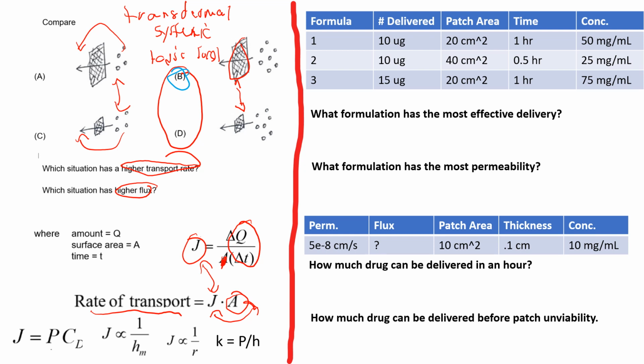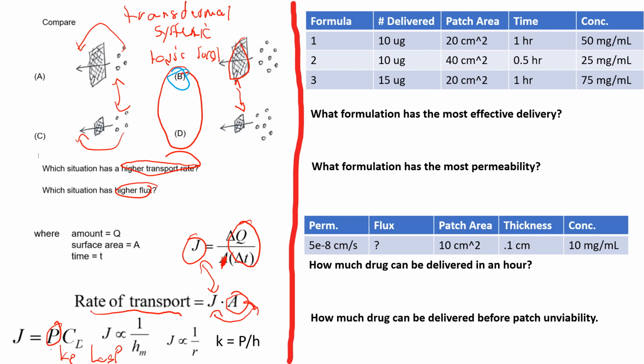Some other equations and numbers to talk about is P. P is a permeability coefficient. It can be similar to log P. It can be equivalent to log P in a lot of cases. Things we learned back in fundamentals, Kp and log P. It might not be, because there's some other factors that go into it.